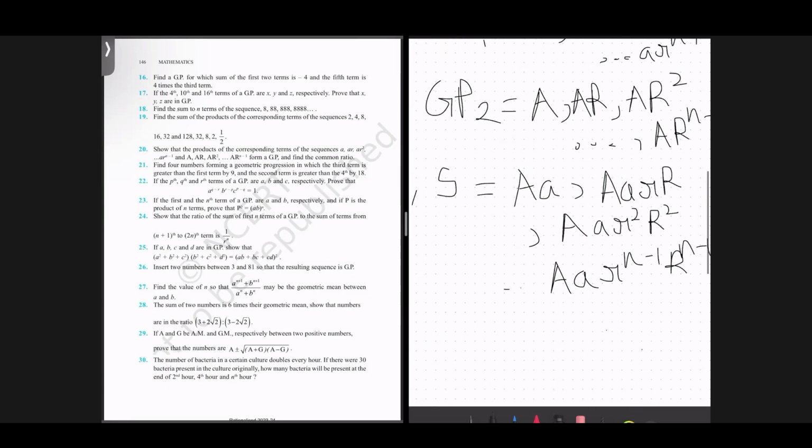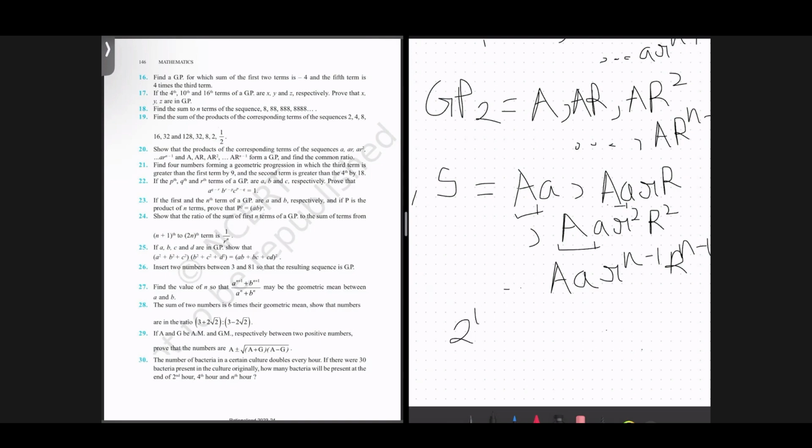So, to show that this particular sequence, that is the multiplication of the corresponding terms of these two GPs, is going to be a GP in itself, it will be sufficient to show that the ratio between the second term and the first term is going to equal the ratio between the third term and the second term, right?